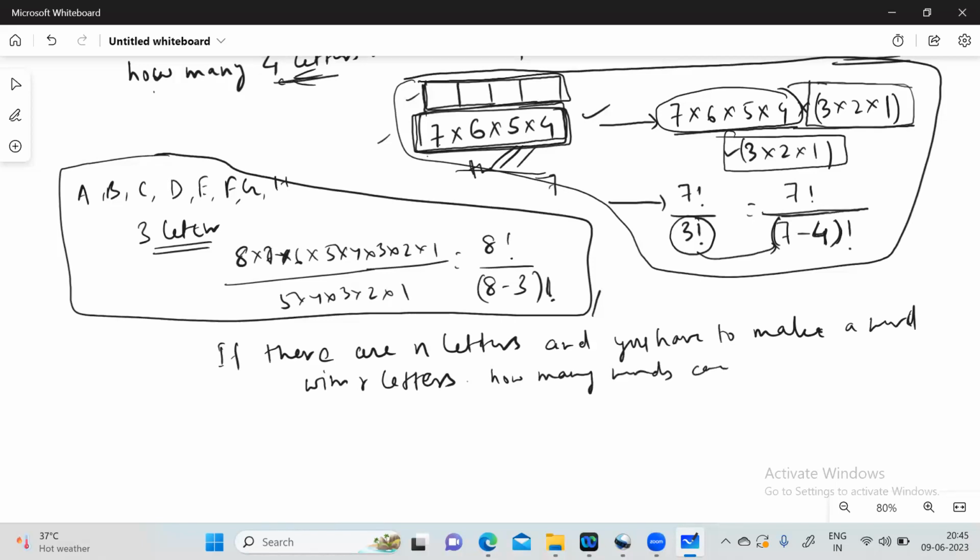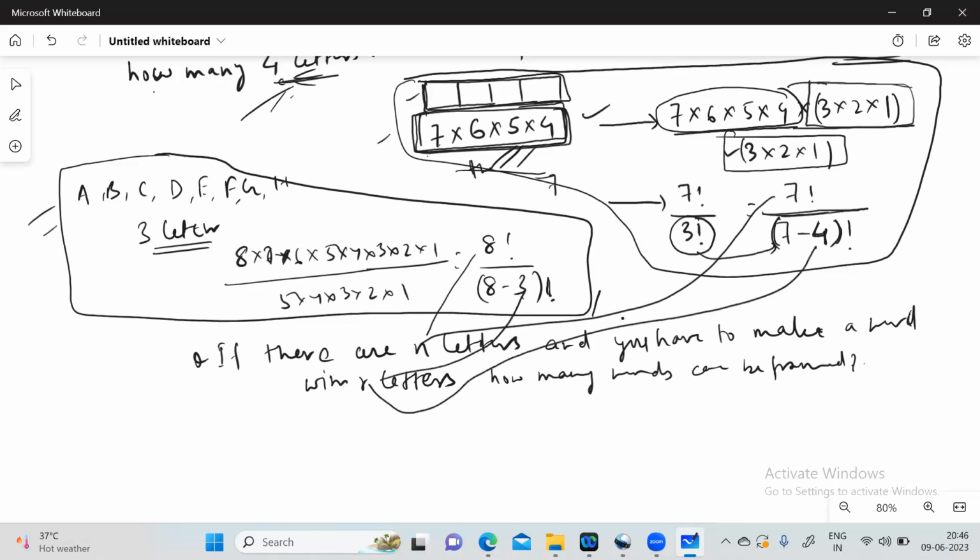So what I am saying is that this question and the question that I have asked before are the same. It's just that here the 8 is n, there the 7 is n. In this case r is 3, and in this case r is 4.